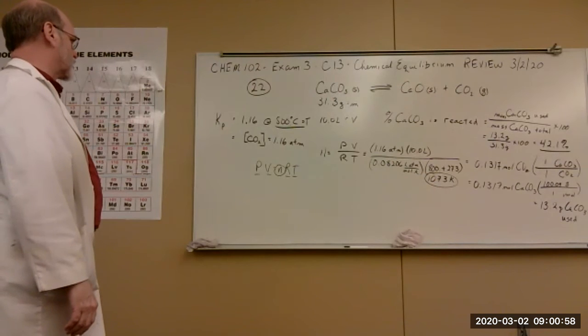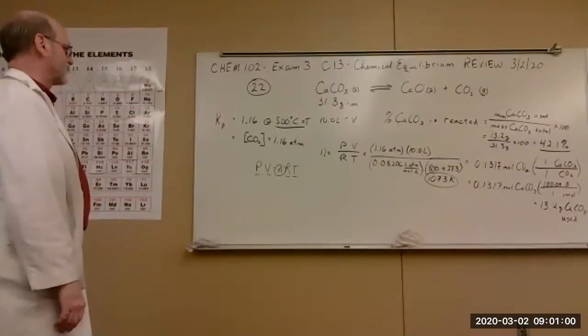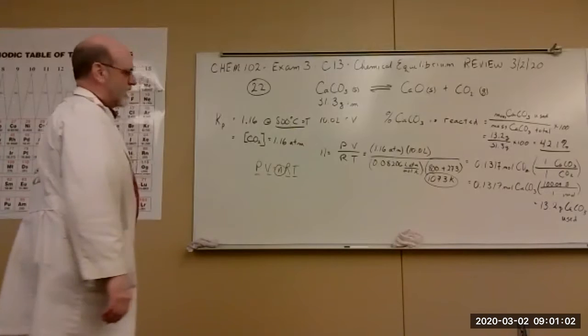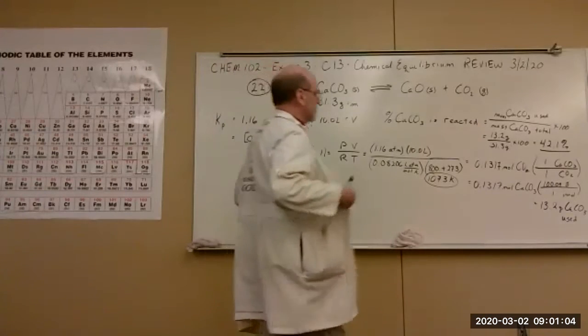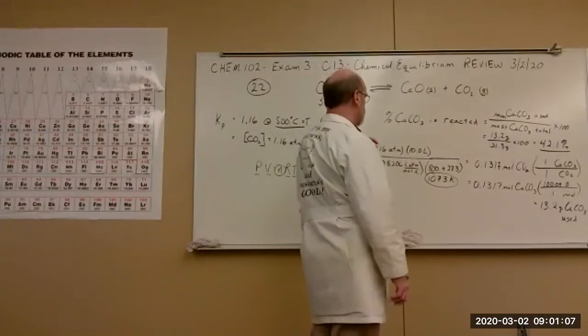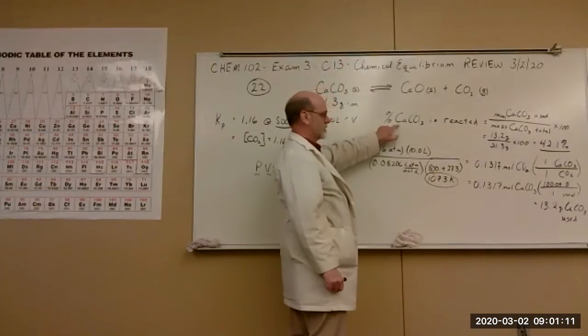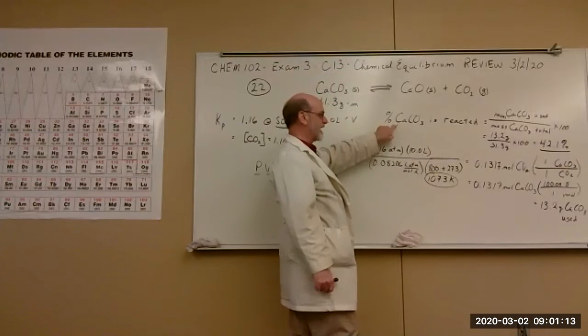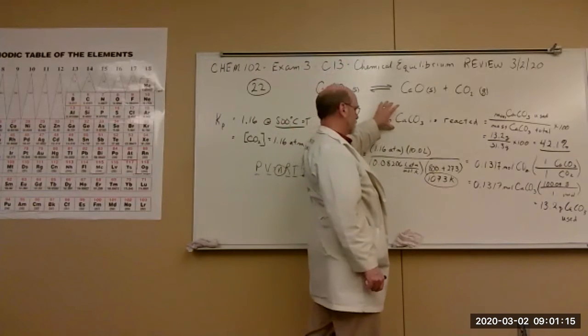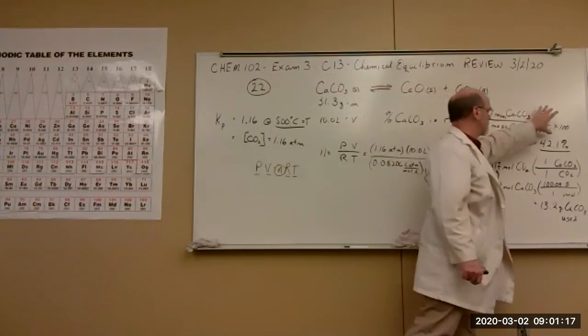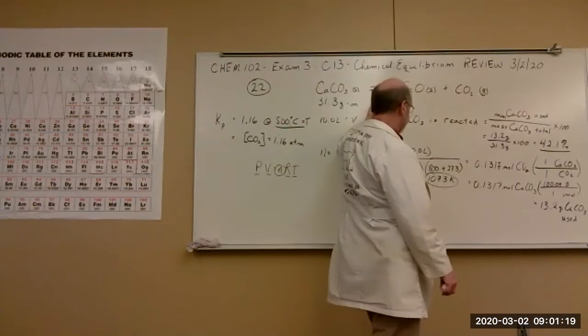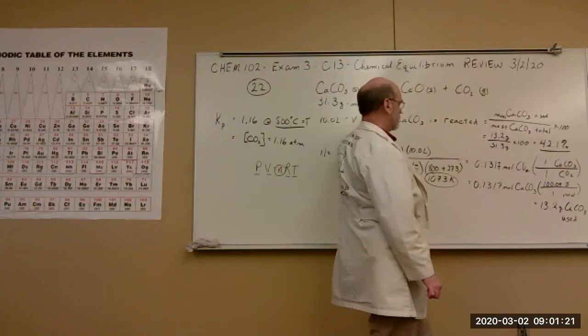So what's the trick to this problem? The trick is to understand what the calculation is. This one right here. That's what it's looking for. This answers the question. So you really need to be satisfied that this is your target.